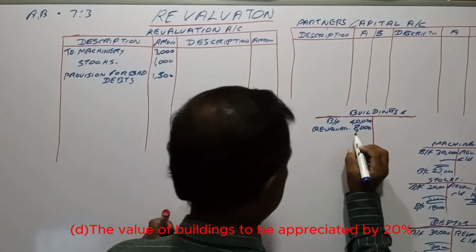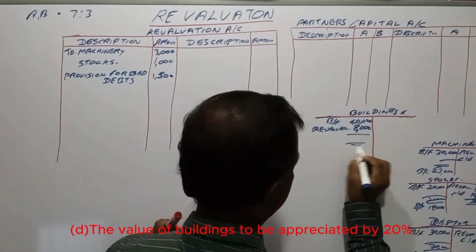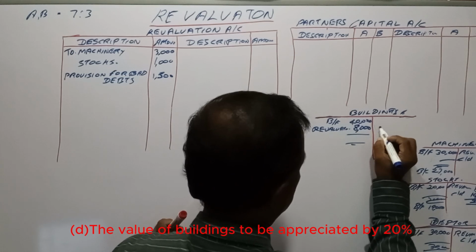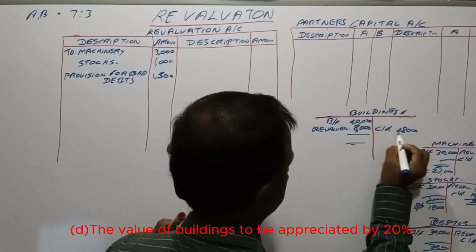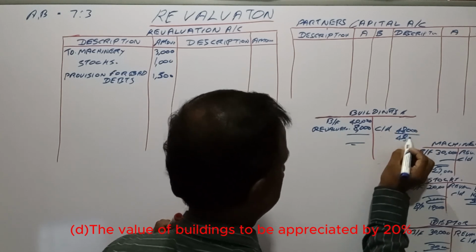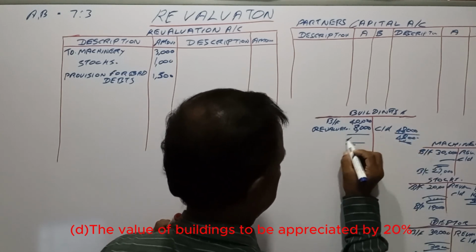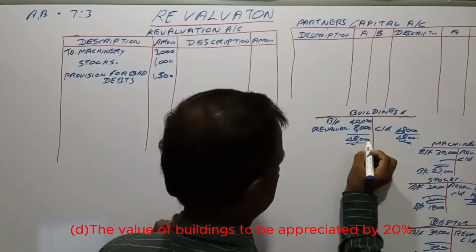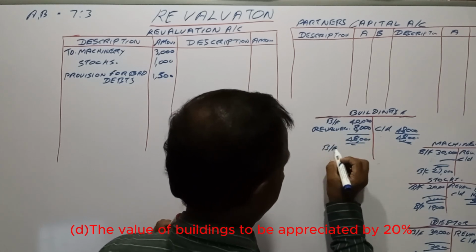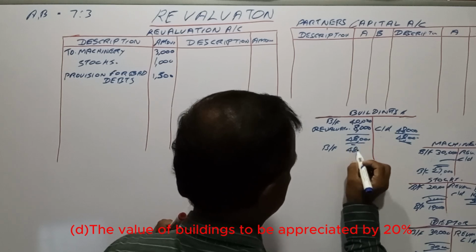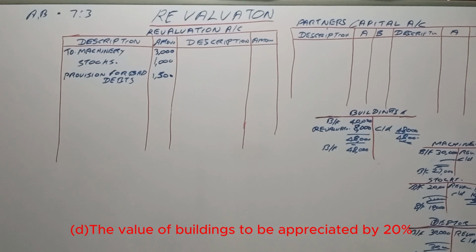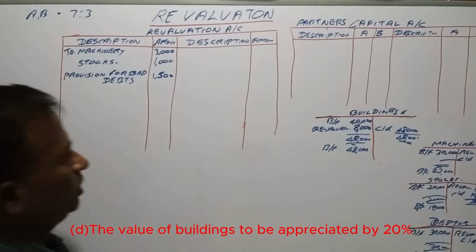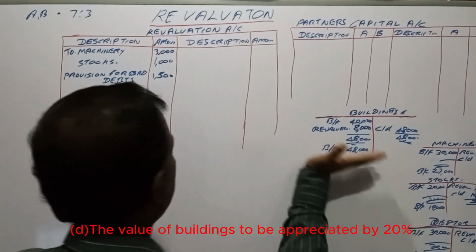Buildings carried down value is 48,000. So it is appreciated by 8,000.